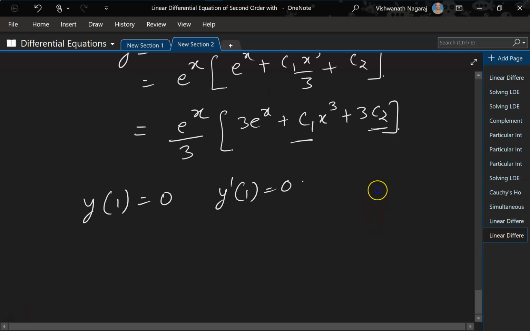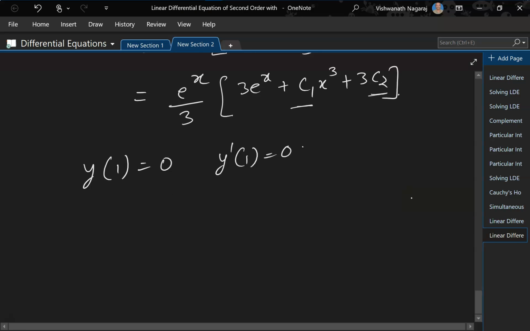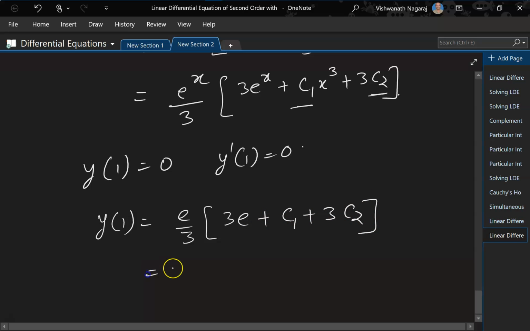Okay, let's use this additional information to get C1 and C2. So y of 1 is equal to e by 3 times (3e plus C1 plus 3c2), which we know is given as equal to 0. When we take it to the other side, it becomes 0. So we are left with 3e plus c1 plus 3c2 equal to 0.